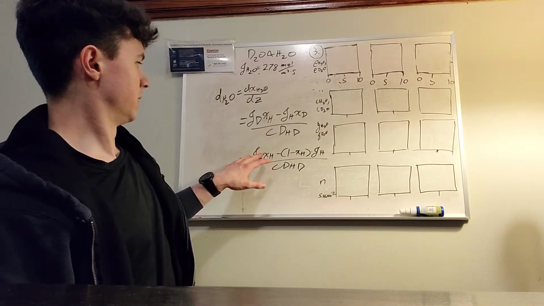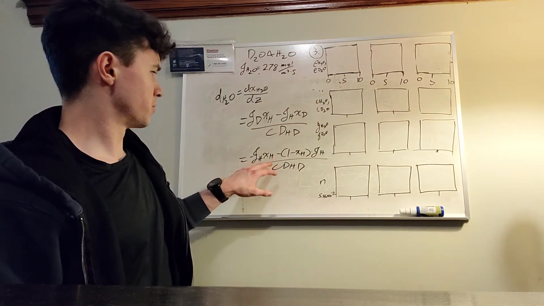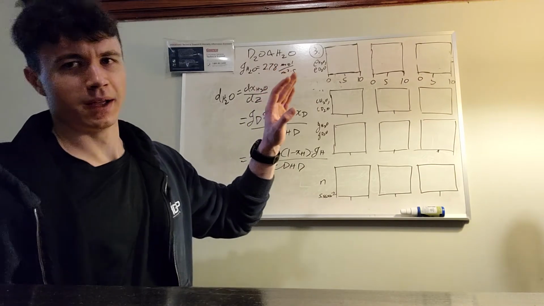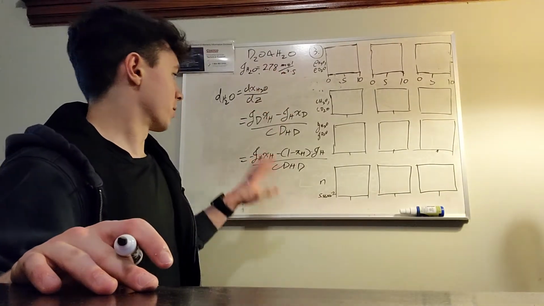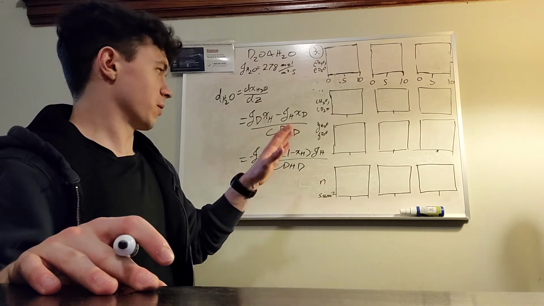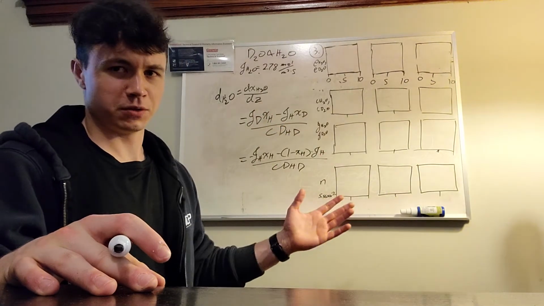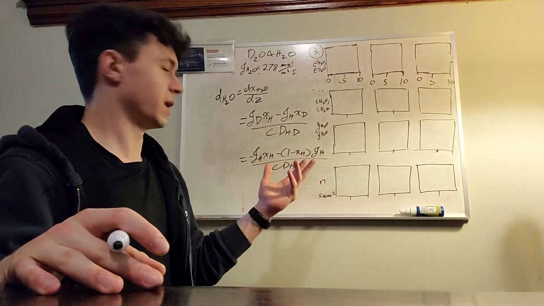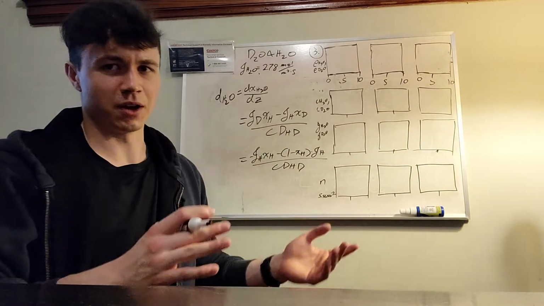So we get the negative molar diffusion flux of water multiplied by the mole fraction of water, minus (1 minus the mole fraction of water) multiplied by the molar diffusion flux. But we can cancel out a lot of terms and make this really easy.